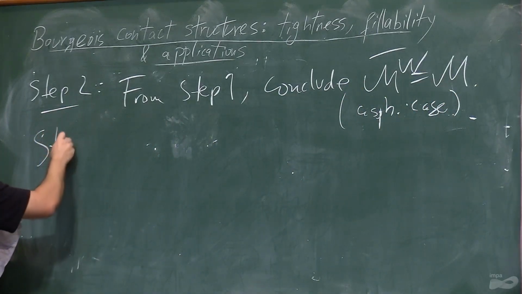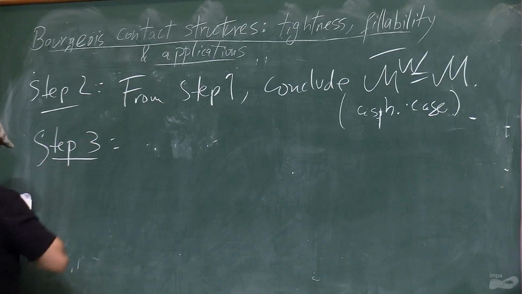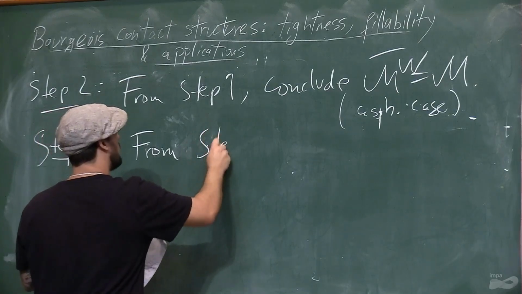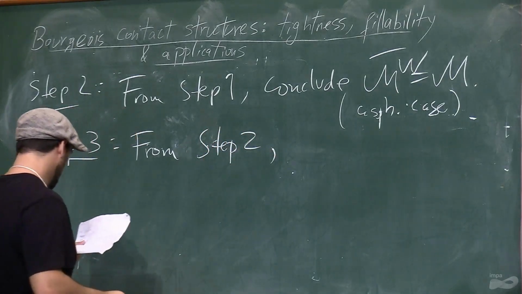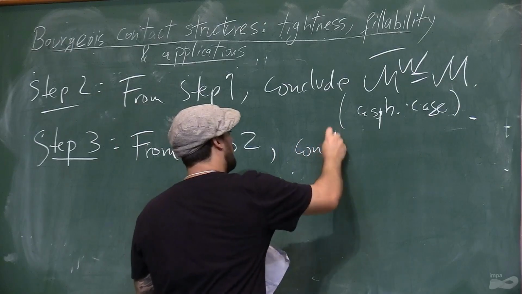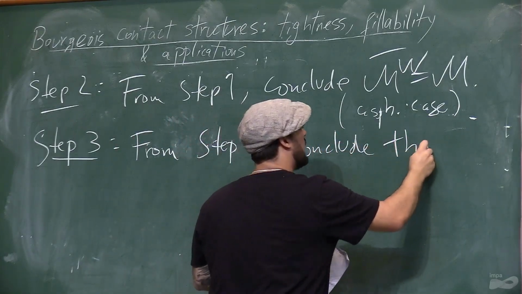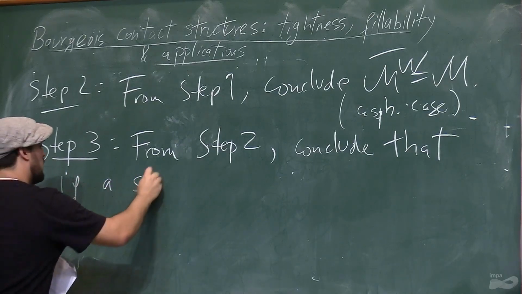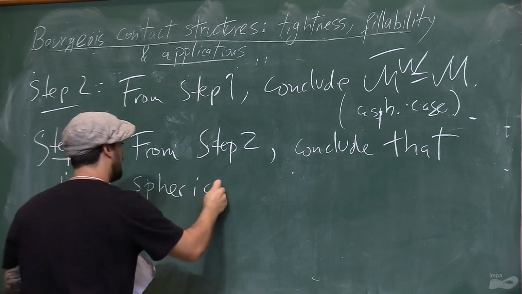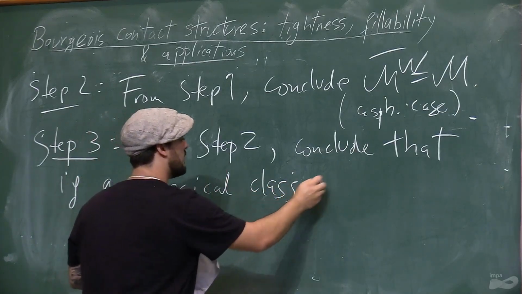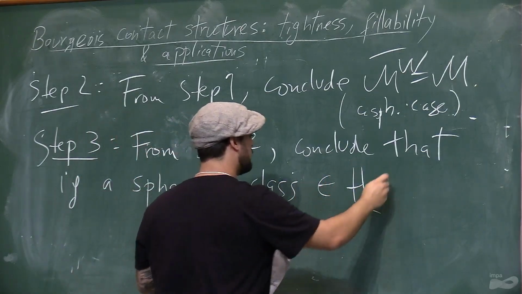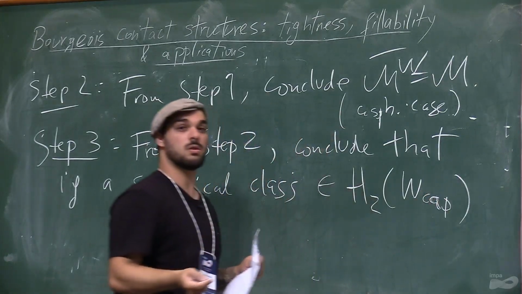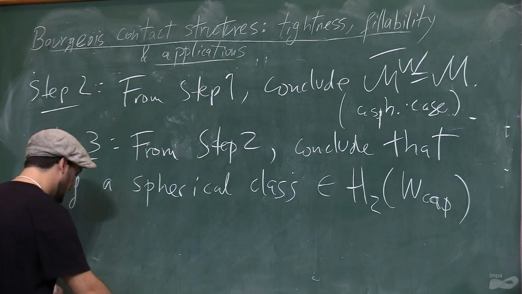The last step, step 3, is, from step 2, you conclude that if a spherical class in H2 of the capped cobordism intersects one cocore, then it actually has to intersect all of them.